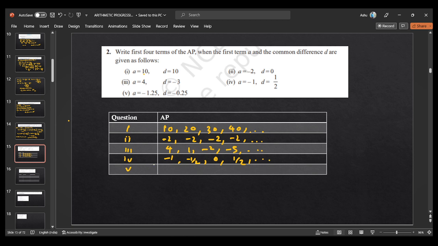For the fifth part, minus 1.25 is the first term.